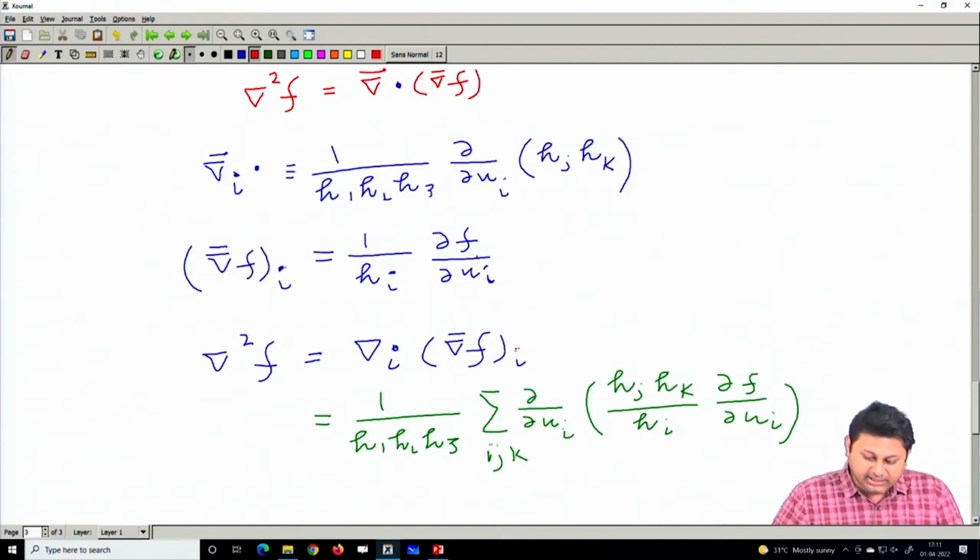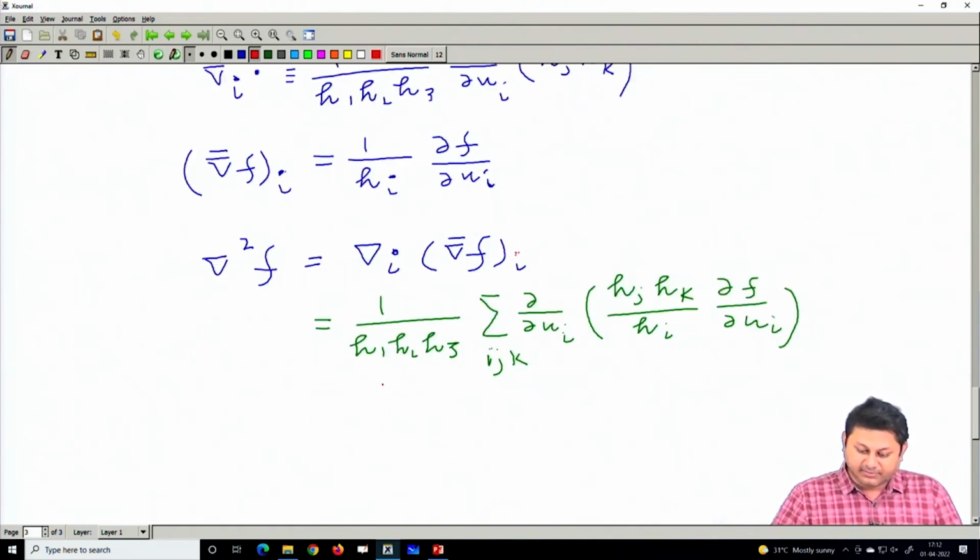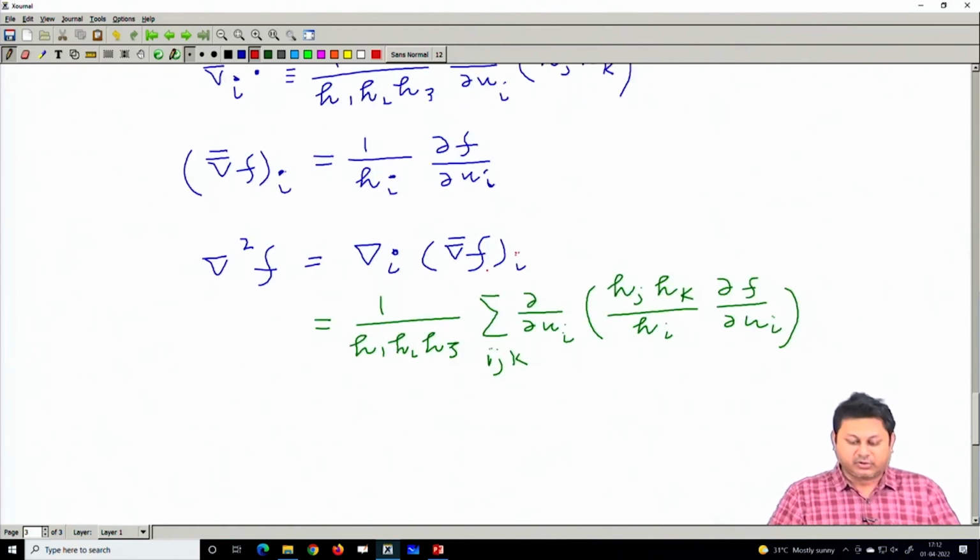If you combine these, first you have the divergence, and then we have the gradient, and then if you put this in, since we have a summation, because for every ith you have i j k, this will be there.